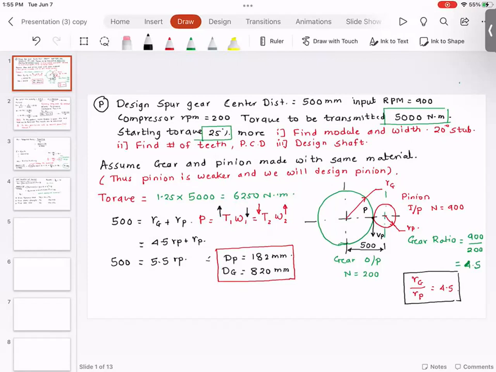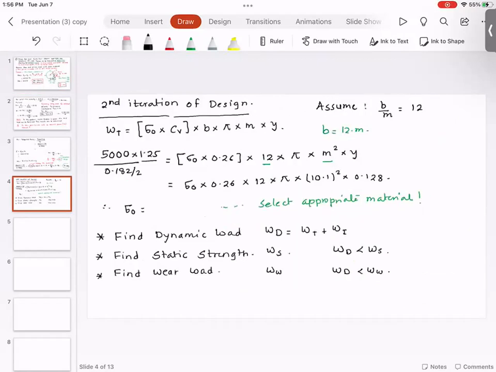What it is saying is, first find the module and the width, find the number of teeth, find the pitch circle diameter, and last but not least, design the shafts. So I would perform these steps in the next problem, but for this problem, I will go ahead and design the shafts.